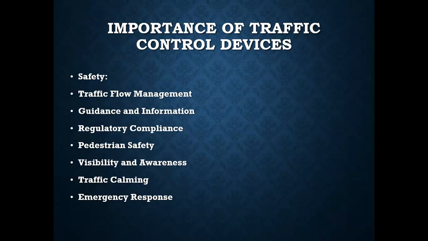Traffic calming. Devices like speed bumps, rumble strips, and roundabouts are used for traffic calming, to reduce vehicle speed, enhance drivers' awareness, and improve safety in residential areas, school zones, and other locations with high pedestrian activity.